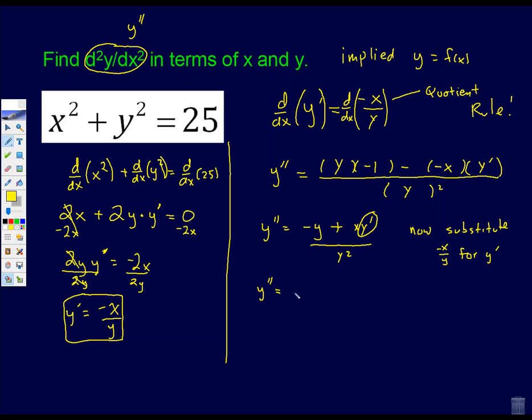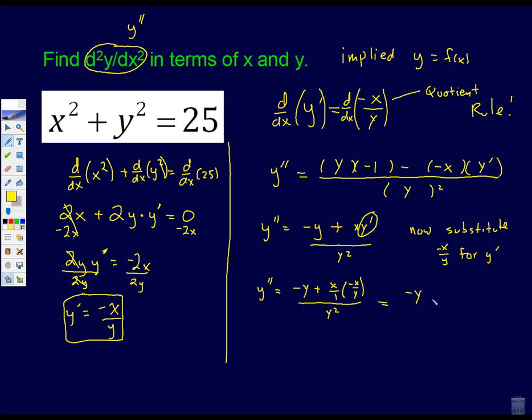Okay, so I've got y double prime equals negative y plus, now I'm going to write both of these as fractions, x over 1 times negative x over y, all over y squared. My next simplification is to multiply these two fractions together in the upper right corner.